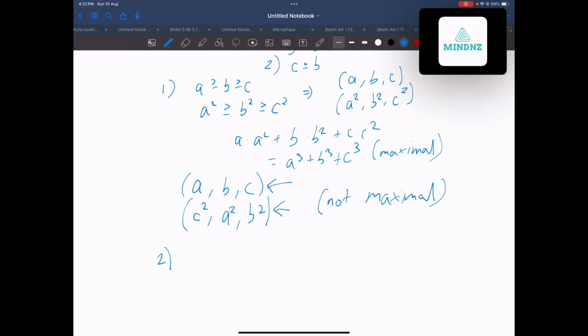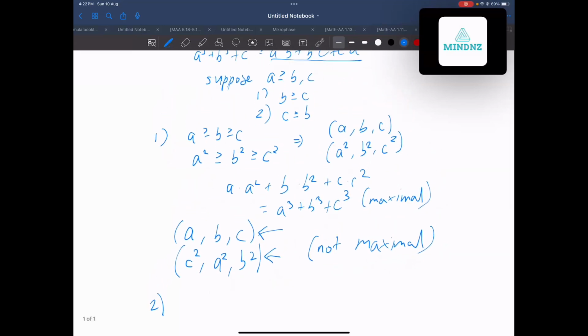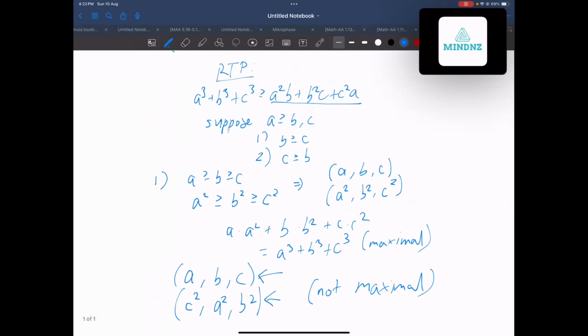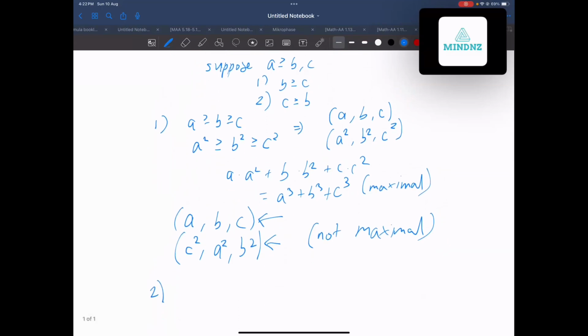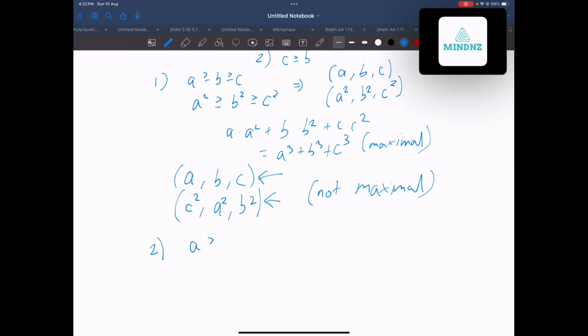Now, remember we have to consider two cases because we cannot, without loss of generality, assume that one is always going to be bigger than the other. So now we consider what if c is greater than or equal to b. Then we would have a greater than or equal to c greater than or equal to b, and consequently a squared greater than or equal to c squared greater than or equal to b squared, right?